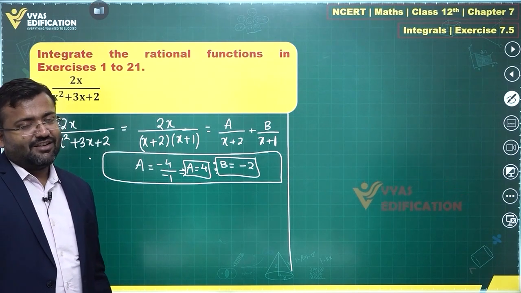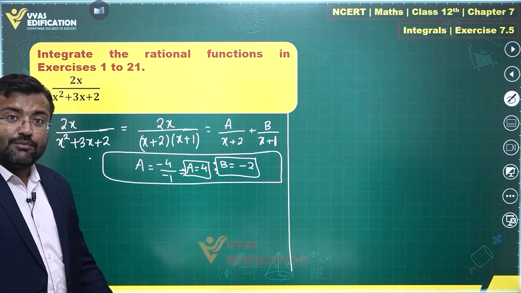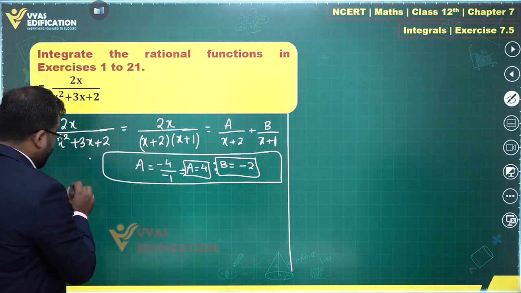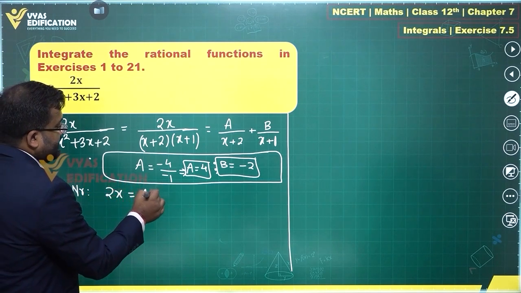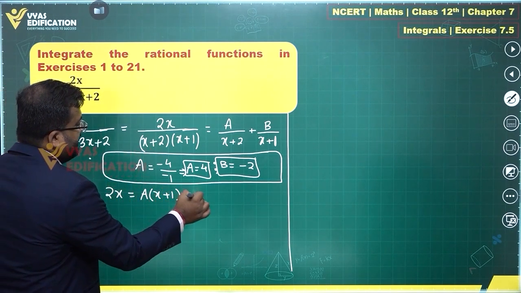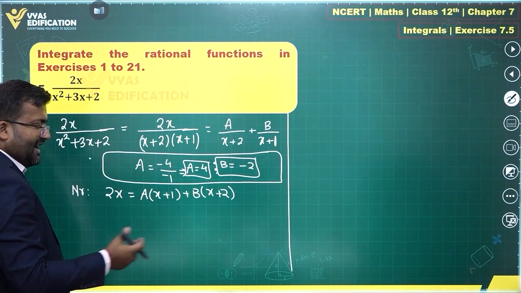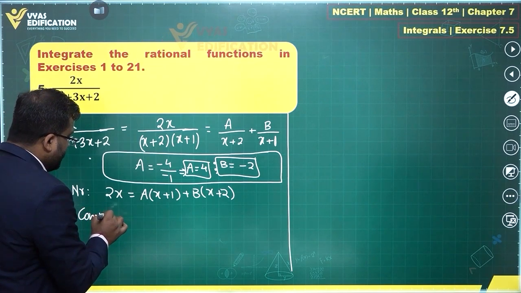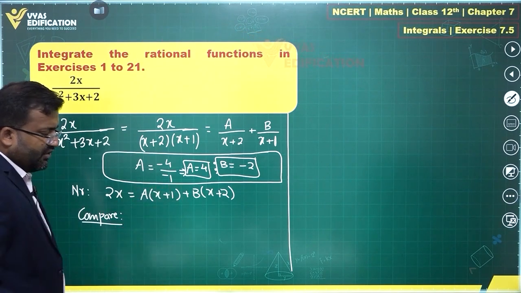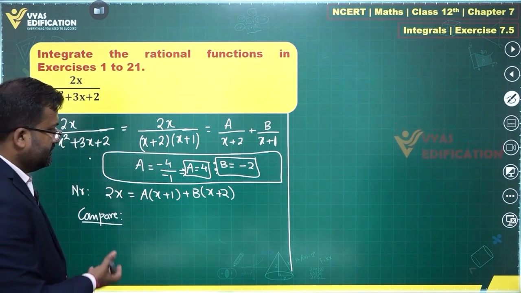Once again, for the board exams, they want you to solve using another approach. So let's see the comparison with numerators. Numerators, throughout 2x is equal to a times x plus 1 plus b times x plus 2 is what I have. Comparison tells me that we compare these two. On the right hand side you have some term containing x and some constant term.